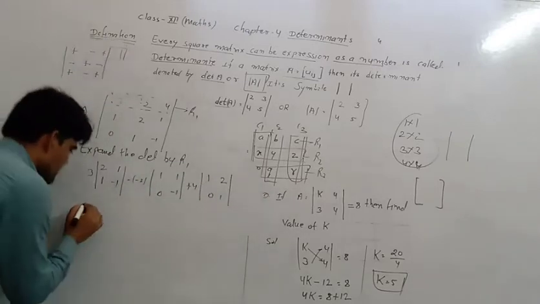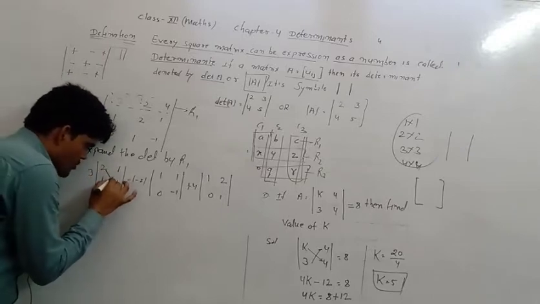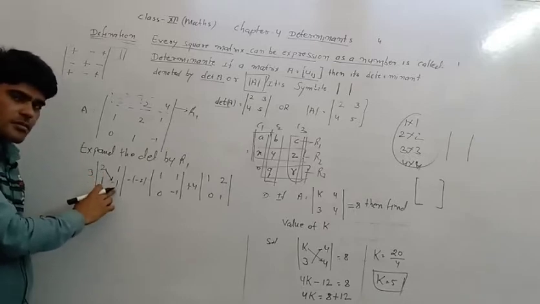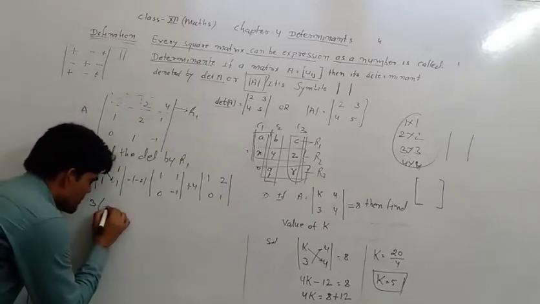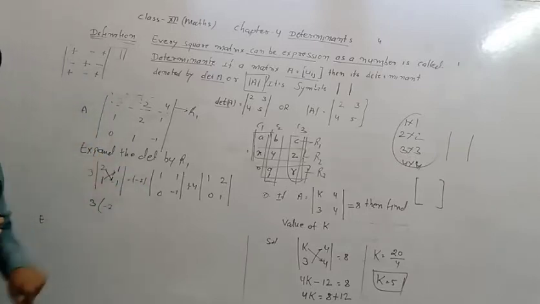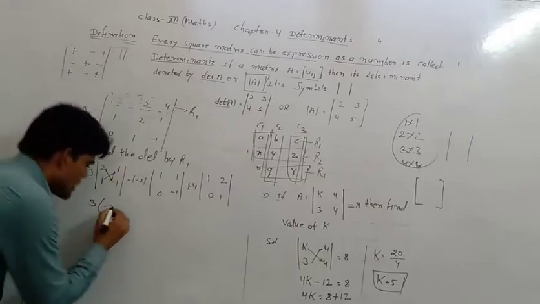Next, 3 breaks into: 1 into minus 2 into minus 1, which gives 2, minus 1 times 1 into 1, down to up with negative sign.